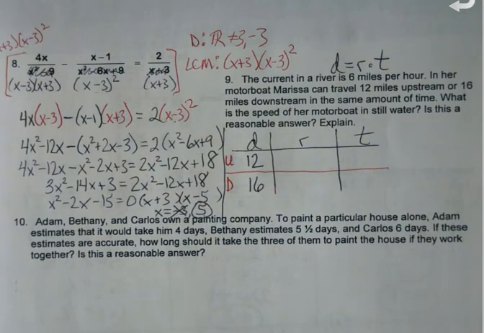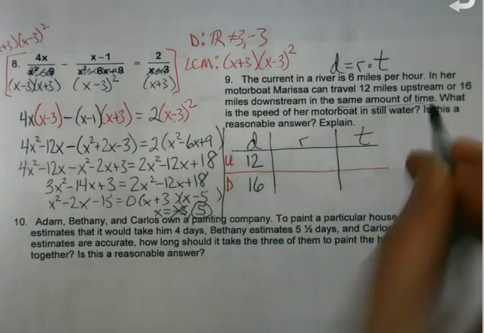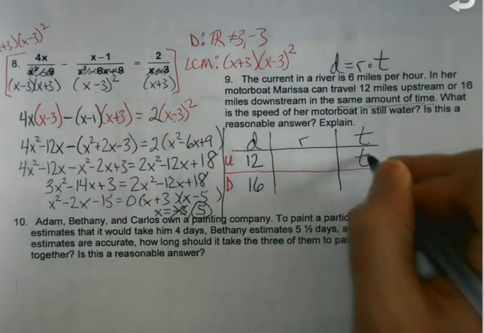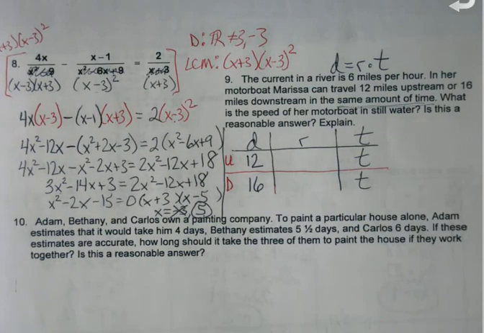Okay, so we've got our distance. What is the speed of a motorboat in still water? We don't know. Here's one thing I do know. Same amount of time. We don't know what that time is, but whatever it is, it's going to be the same for both. So I'm just going to leave that as t.